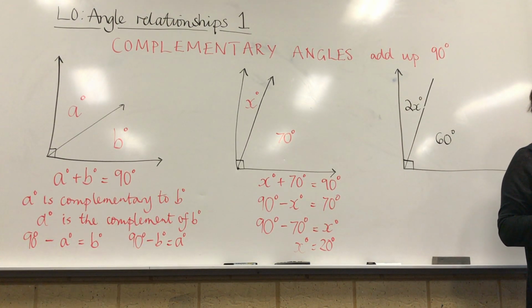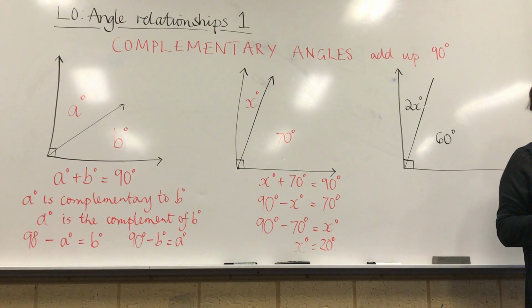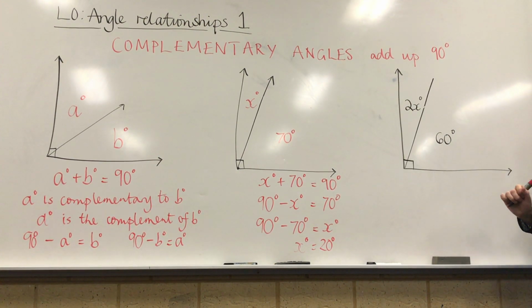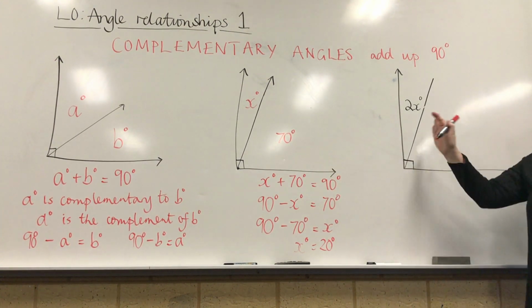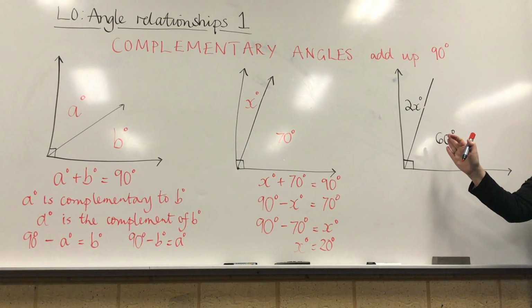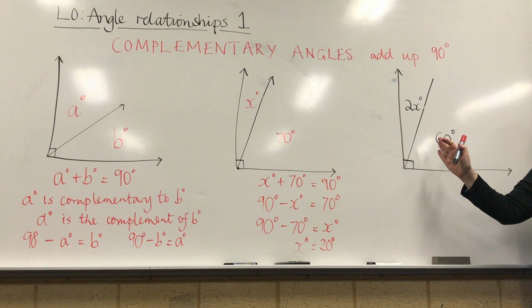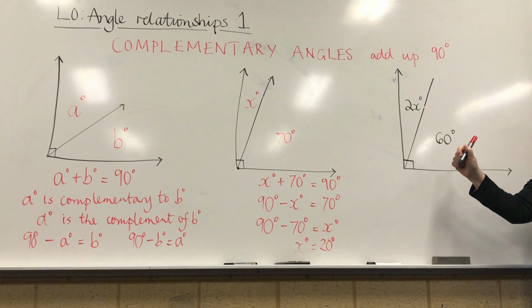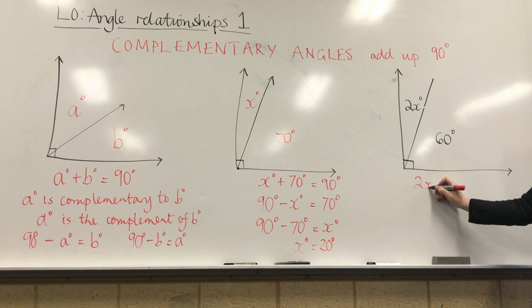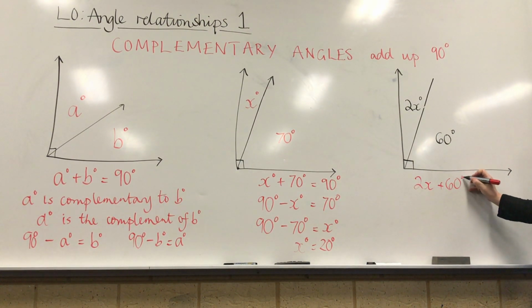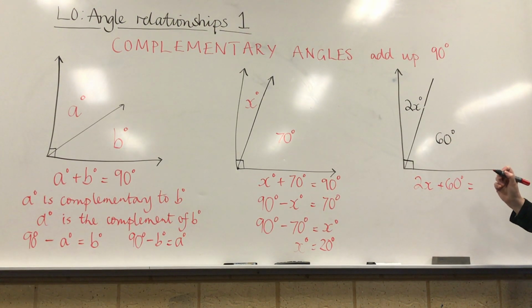Molly, start with the addition. Here we had x plus 70 is 90. What will it be here? 2x plus 60 equals 90.